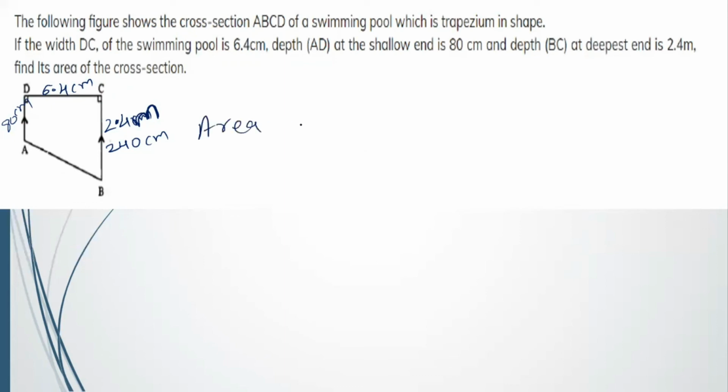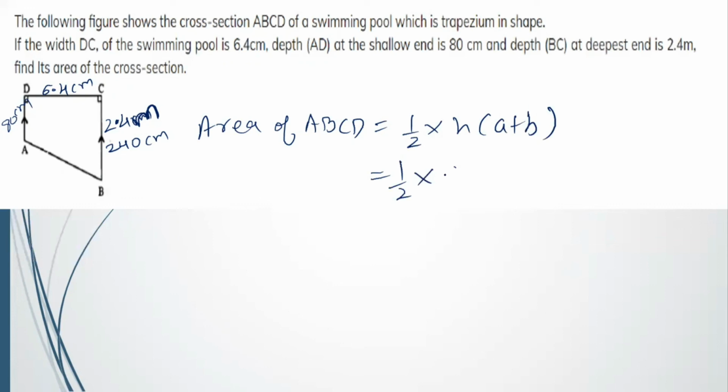So we will be using the formula for the area of a trapezium. Area of trapezium is half h times (a plus b), where a and b are the parallel sides. Let us substitute the values: half into height 6.4, and your parallel sides are 80 plus 240 in centimeters, right?